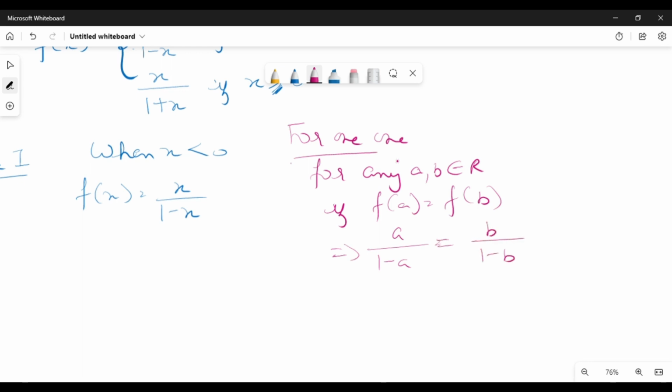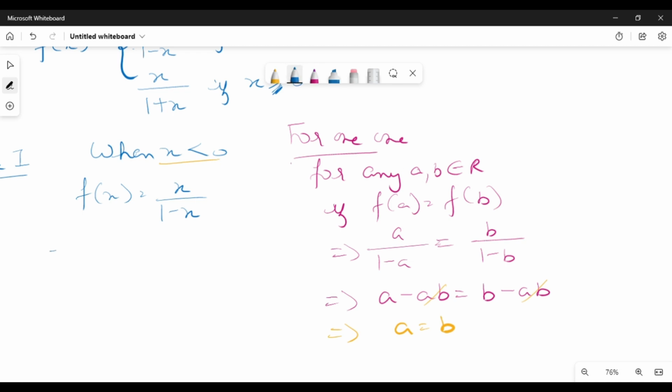Now let us simplify it by cross multiplying. a minus ab is equal to b minus ab. This ab will get cancelled out. So what is left is a is equal to b. So we supposed that if the images of the elements are equal, then the elements are also equal. So we have proved for this case, x less than 0, that the function is one-one.